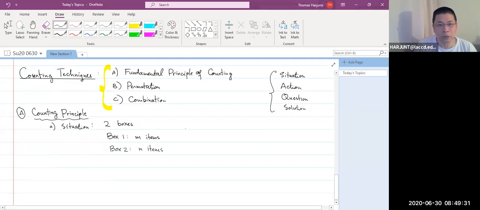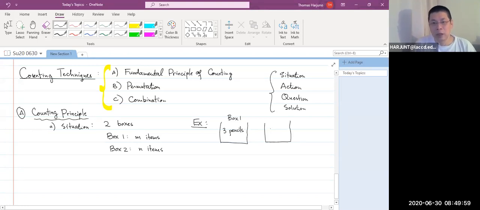Let's say, for example, I have a group or a category or a box of 3 pencils. Let's call this box 1. And the second box, the second category, let's say I have 4 erasers. That's the situation.